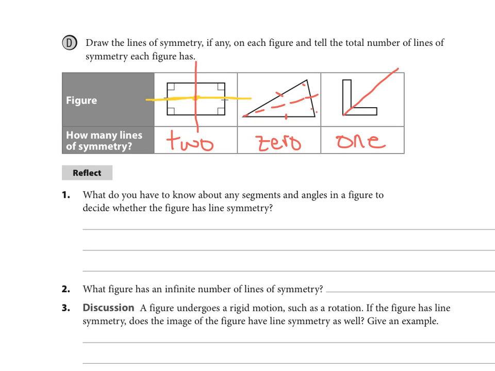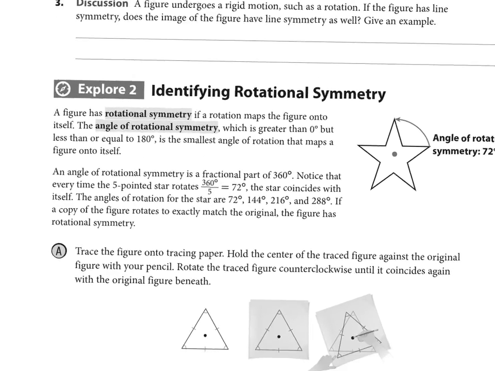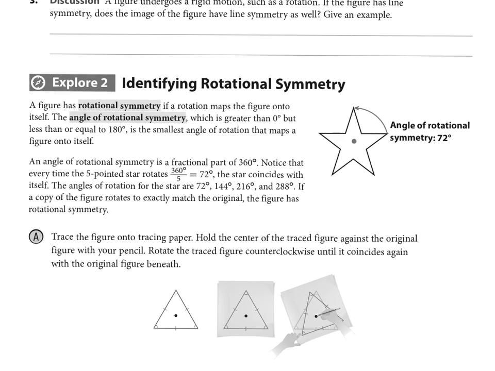Now at the bottom of this page, we start talking about rotational symmetry. A figure has rotational symmetry if the rotation maps the figure onto itself. And we also have an angle of rotation. If we look at this star here, and here I have a center point, and I rotated this right here, I would not be able to tell that I had moved that figure.